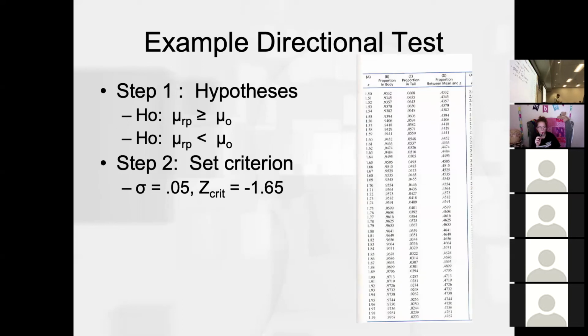So we've set our hypotheses such that the null hypothesis is that the sample is going to be less than or equal to the population. That should be H1. And the alternative hypothesis is that that sample, actually, let me rephrase this.